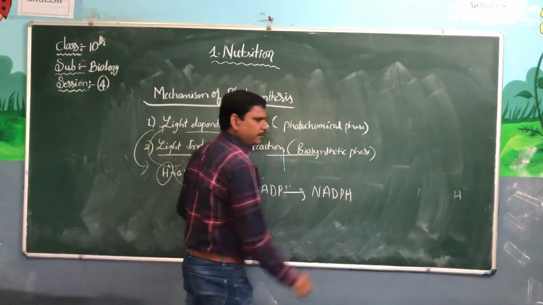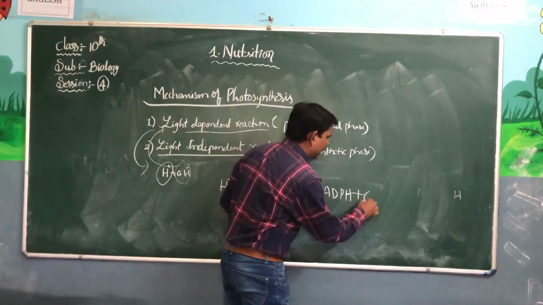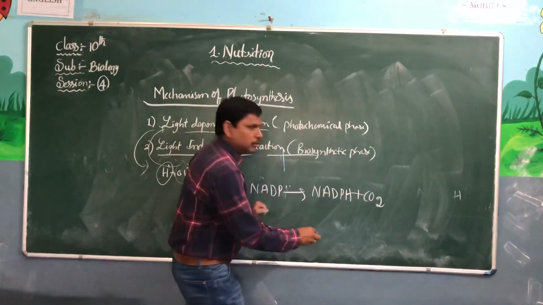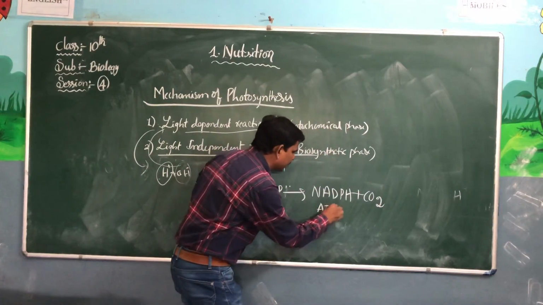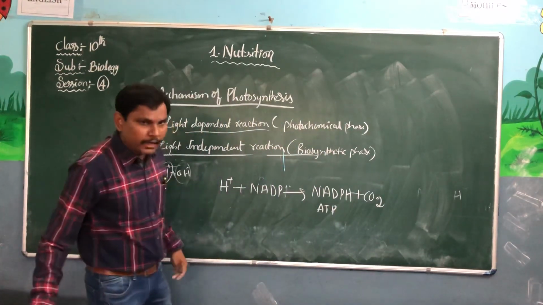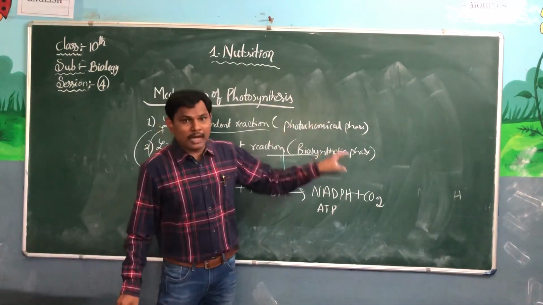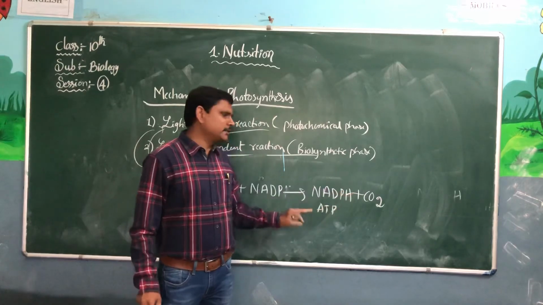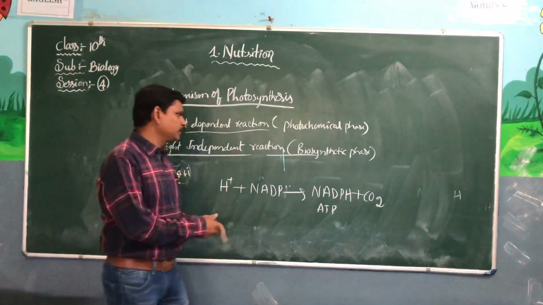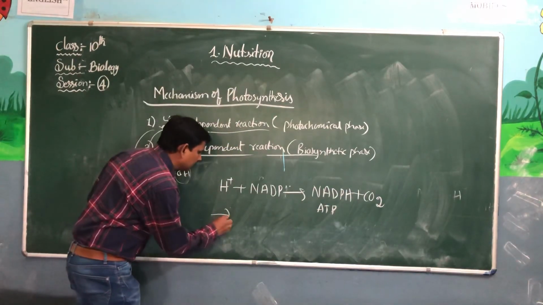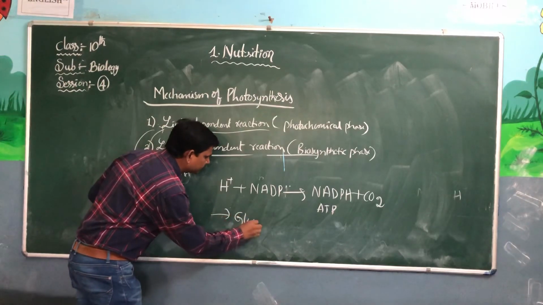This NADPH is going to combine with carbon dioxide, utilizing ATP energy, adenosine triphosphate, to finally form glucose.